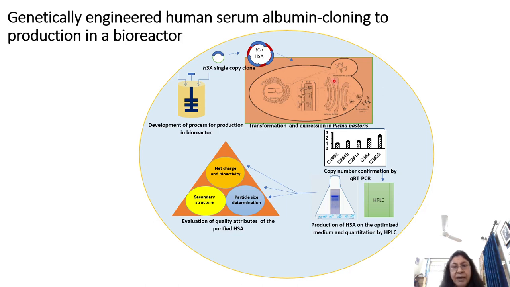And then we have specific techniques called quantitative real-time PCR, and we are able to determine the exact copy number. That is what we have done here. So in the genome, by way of very specialized techniques, we are capable of determining the copy number.